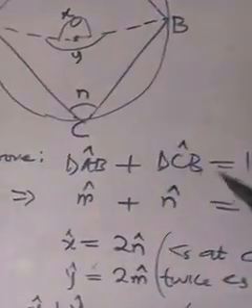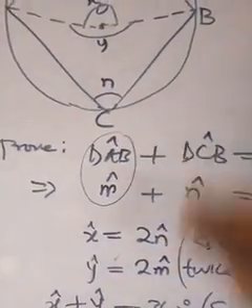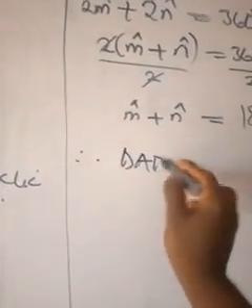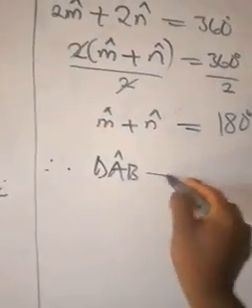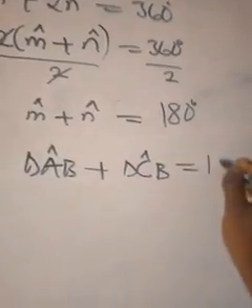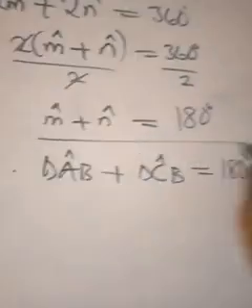Now let's go back to our diagram. DAB is N. DCB is M. We can now say that therefore angle DAB plus angle DCB is equal to 180 degrees.